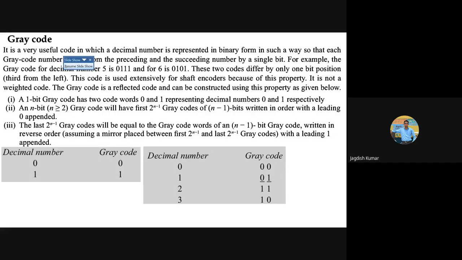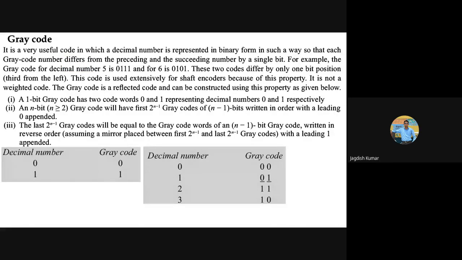4 in gray code is 1, 1, 0 in the 3-bit system. Correct. Most of you did it correctly. What is 5 in gray code? 5 is 1, 1, 1.